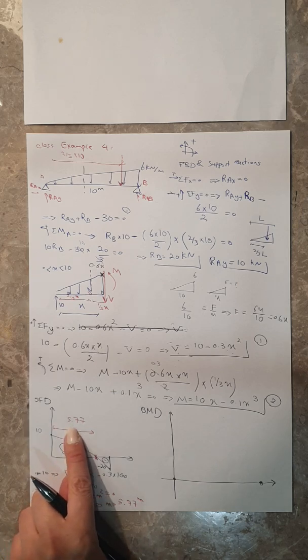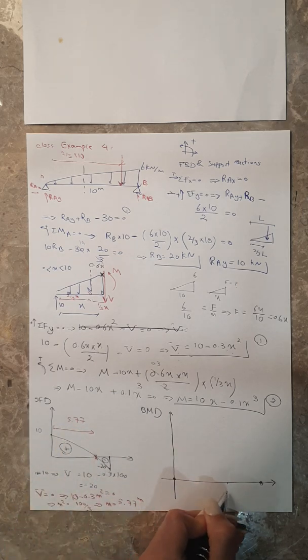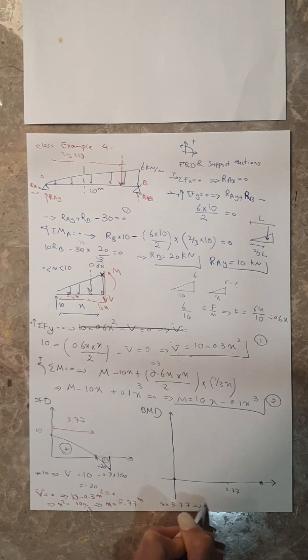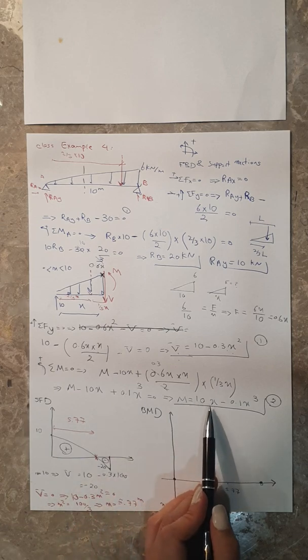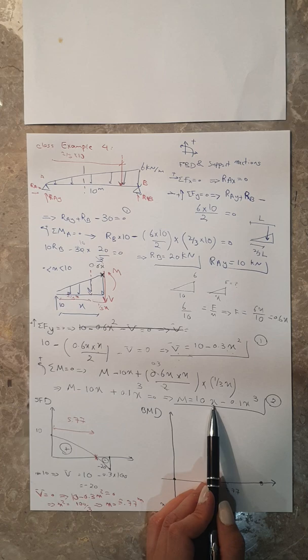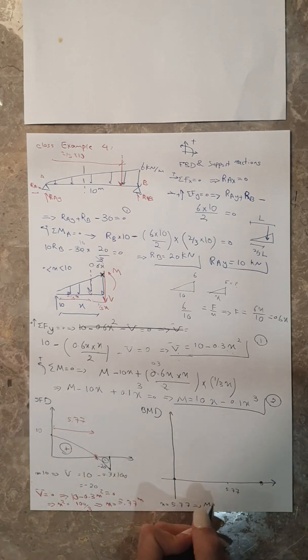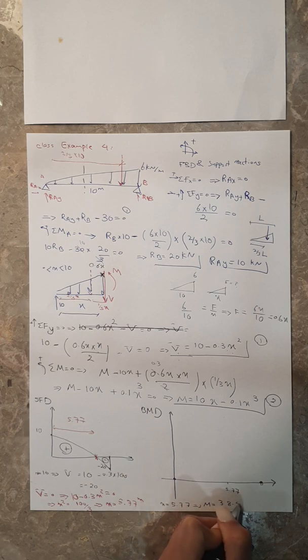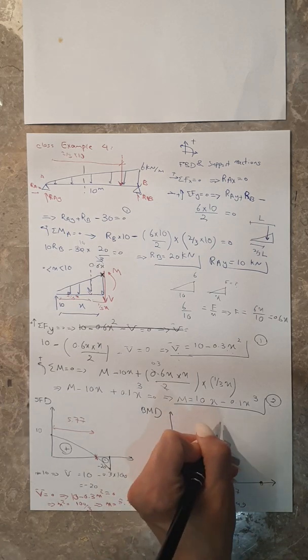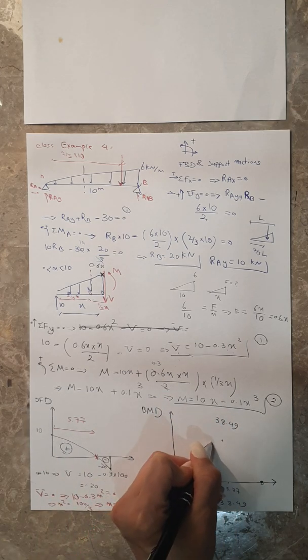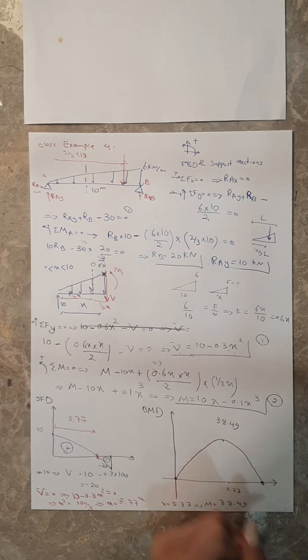When x is equal to 5.77, so it would be here. And if you find the value of the moment by putting x equal to 5.77, you're going to get your moment equal to 38.49. So it would be 38.49, and it would be like this one.